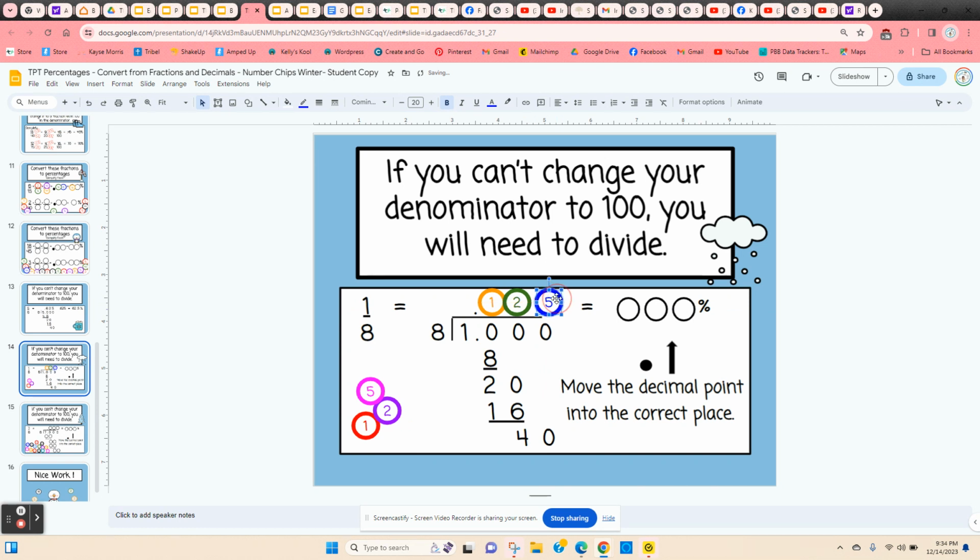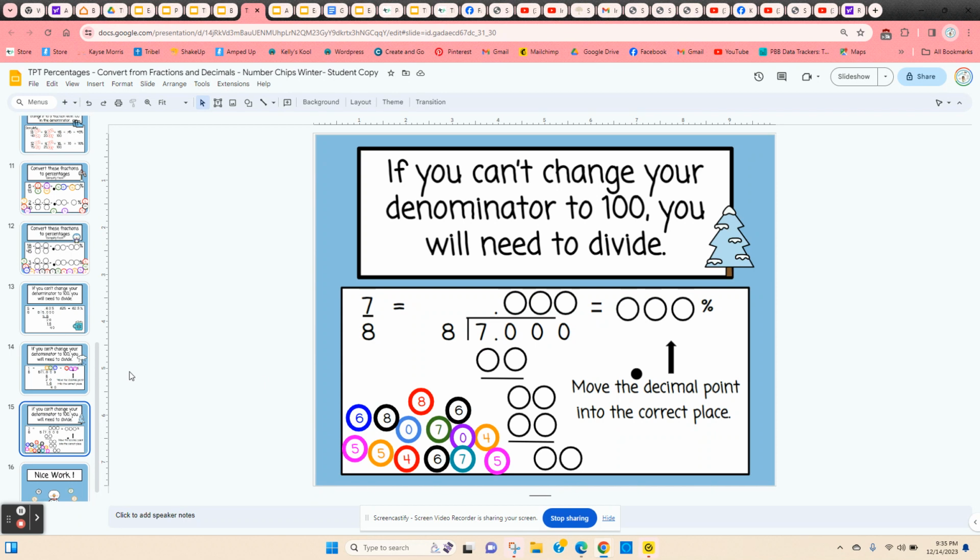So now I have my decimal. If I move that decimal point 2 places to the right, my decimal point's going to go here. So I'll have an answer of 12.5%, or 12 5/10%.